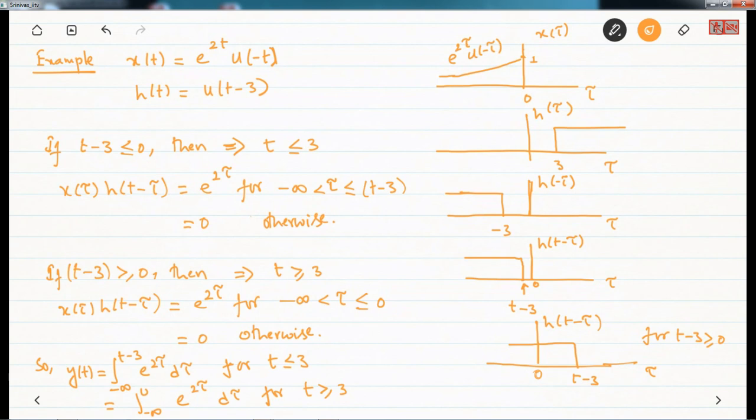So how do you find y of t now? For t less than or equal to 3, you will integrate this from minus infinity to t minus 3, because it is non-zero only for that period, and for t greater than 3, you will integrate this only from minus infinity to 0. So this is something for t less than or equal to 3, and this is something for t greater than or equal to 3. You fill in these as homework.